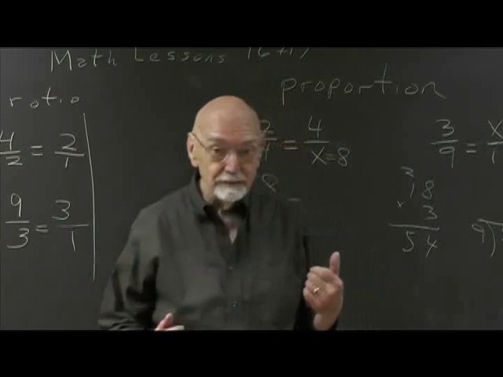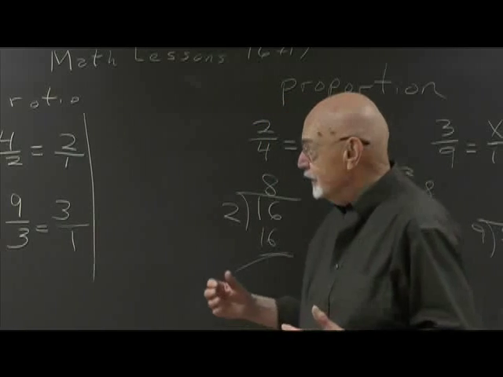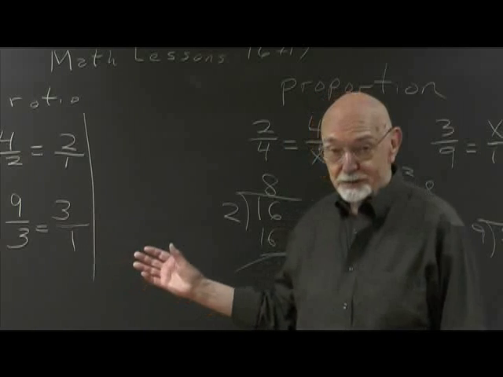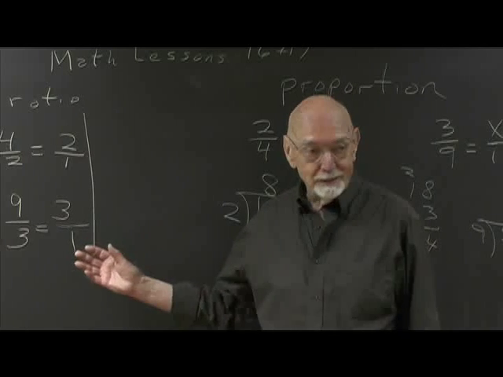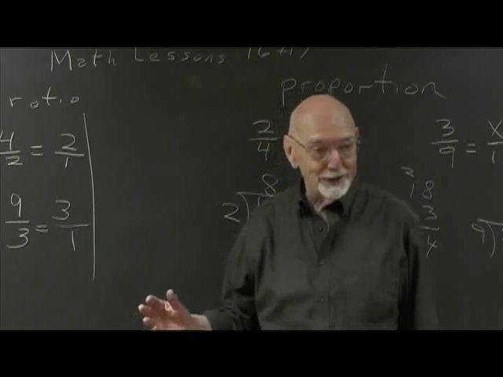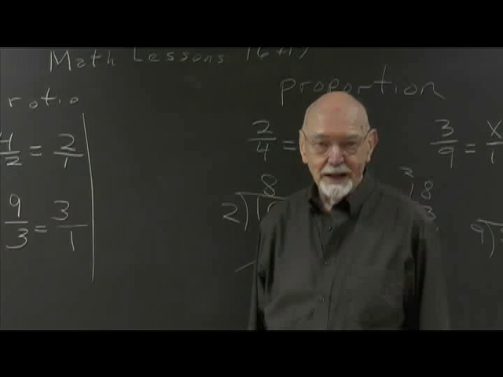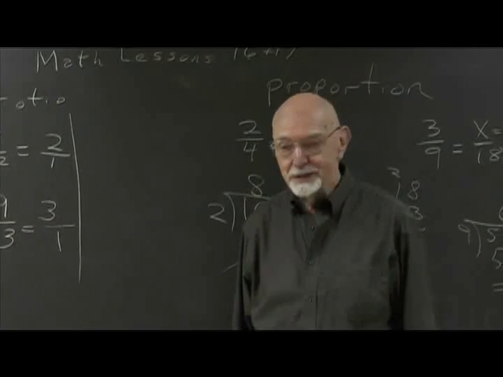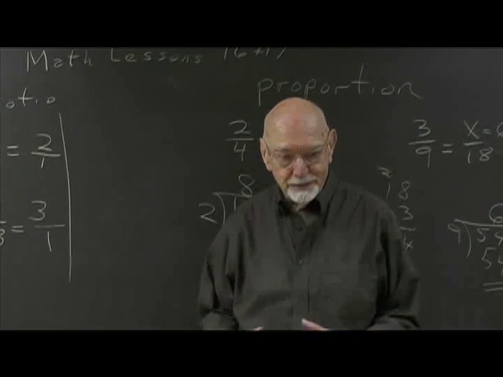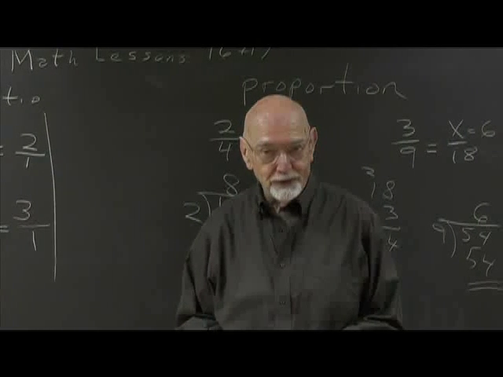And this may look very simple, except that I've had students who request a review of it repeatedly, and they're very smart students. I had one student who every Saturday morning in the Saturday class would request to review ratio. It didn't seem to make any sense to him. And each of us is different in what's easy for us and what's not so easy for us.